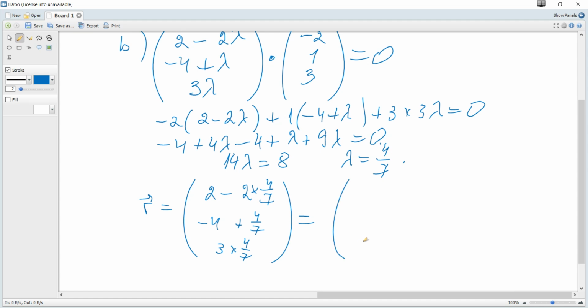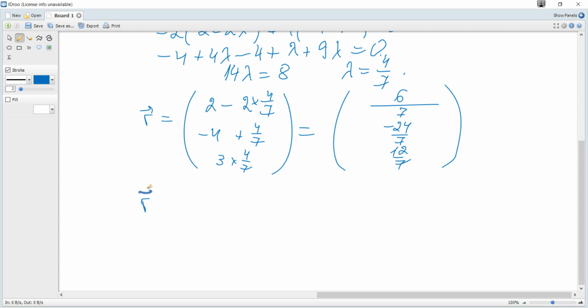And let's make a common denominator. It's (14 minus 8) which is 6, and negative 24 over 7, 12 over 7, and the magnitude of this vector is the required shortest distance, the minimum distance. The magnitude is the square root of the sum of squares, and 1 over 7 is a common factor.